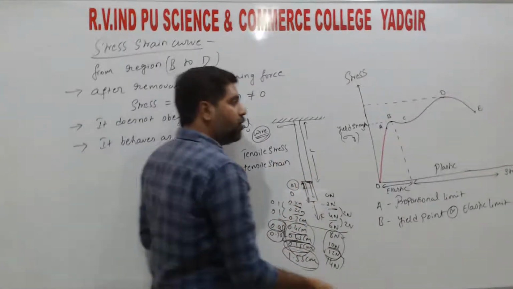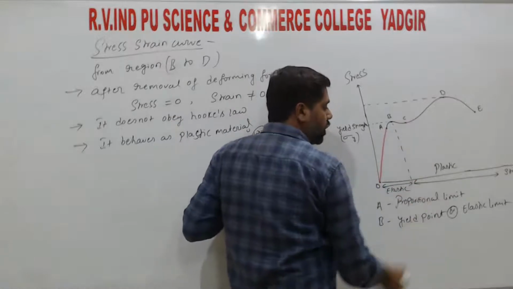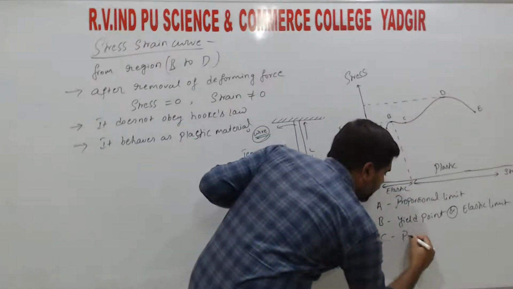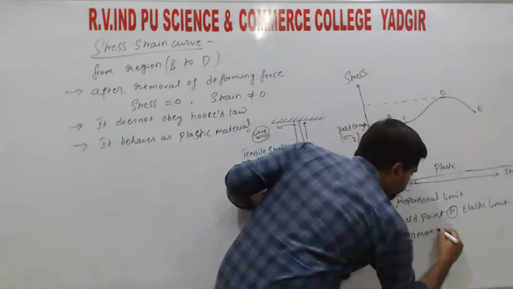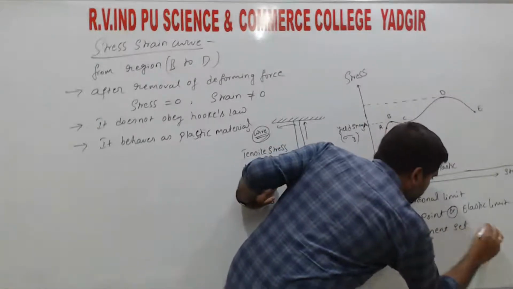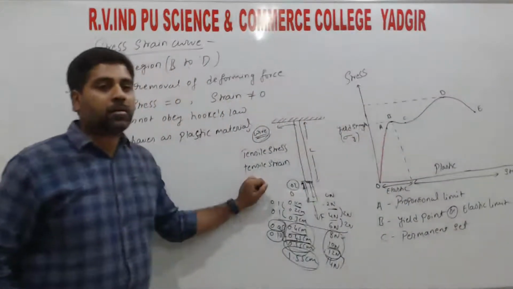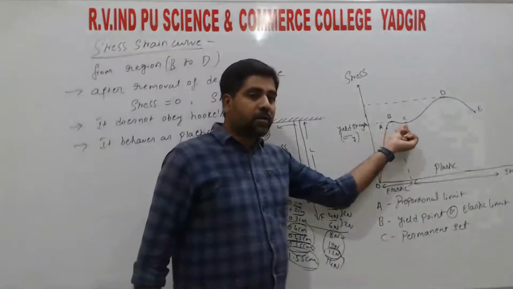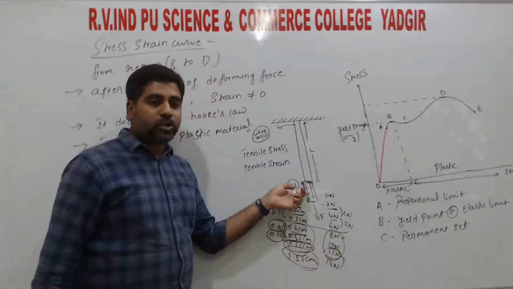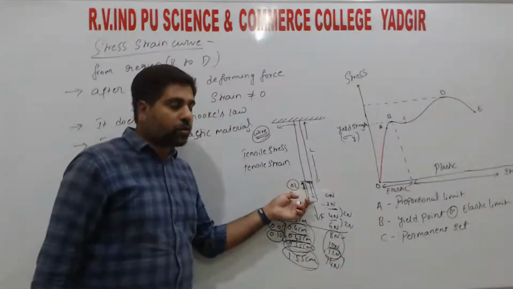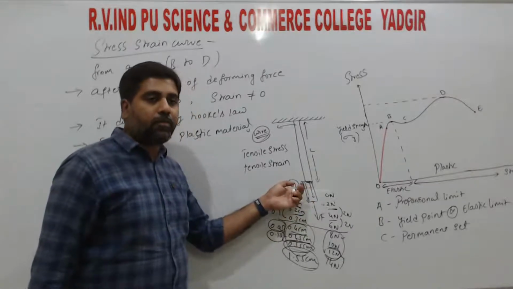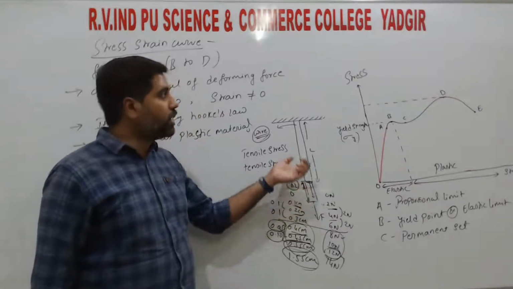So in that middle one point we are getting, that point we take as the permanent set, right? Up to that permanent set, it will come back to its original position. But exactly, it does not obey Hooke's law.